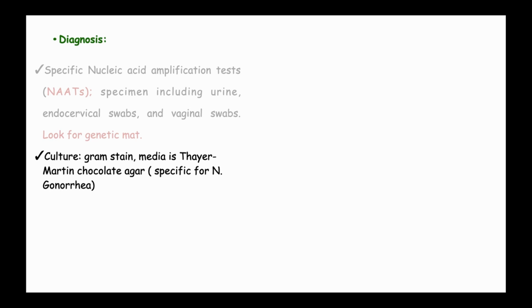Then, since what we are looking for is Neisseria gonorrhoeae, we find that a lot of other microorganisms may grow on this Thayer-Martin chocolate agar. And so, in order for us to isolate Neisseria gonorrhoeae, we add some antibiotics to these media.